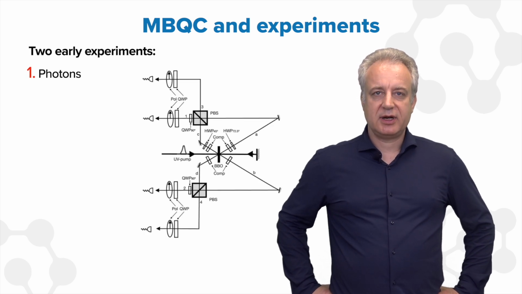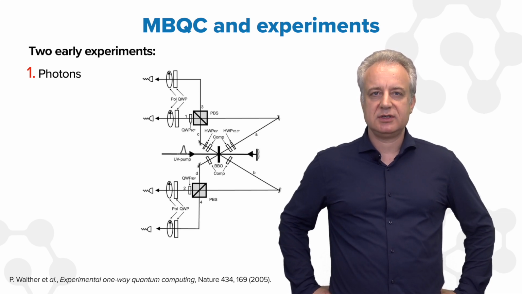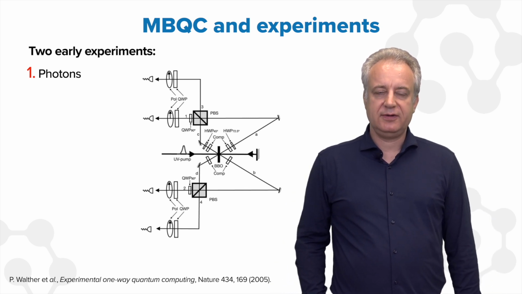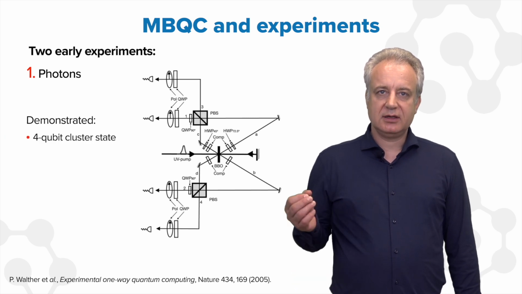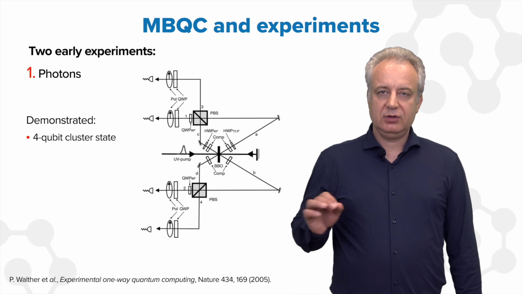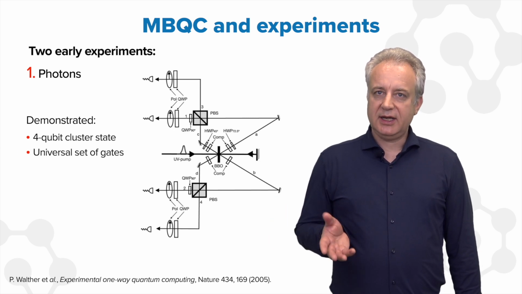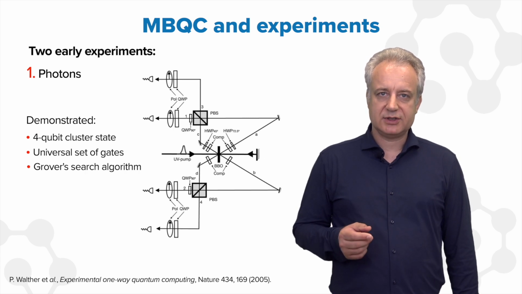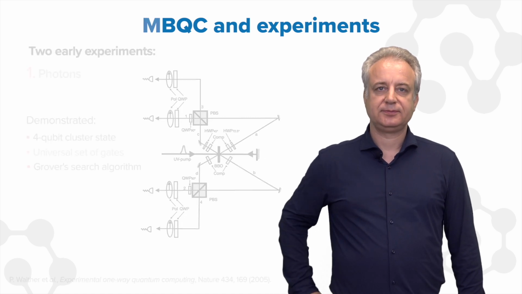This second experiment was done in 2005, about 5 years after measurement-based quantum computation was discovered, with photons. It is an experiment in the group of Philip Walther in Vienna. In this experiment, they created cluster states of 4 qubits. They demonstrated a universal set of gates, and they even showed a tiny quantum algorithm, namely a Grover search with 4 items in the database.